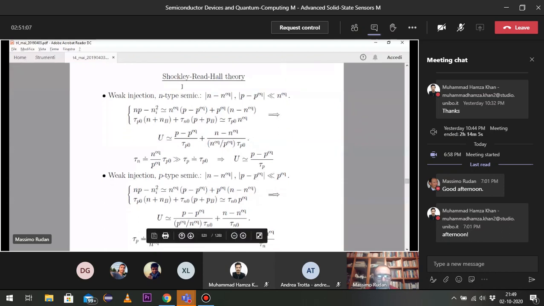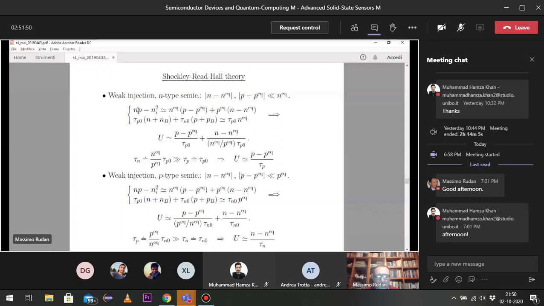Now take the N-type semiconductor. So C equilibrium becomes N equilibrium, okay? The numerator of U simplifies. We can do the calculation easily if you think of considering the electron concentration N as N less N equilibrium plus N equilibrium, and then you replace P with P less P equilibrium plus P equilibrium, okay?